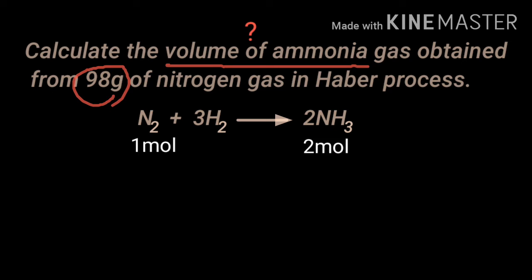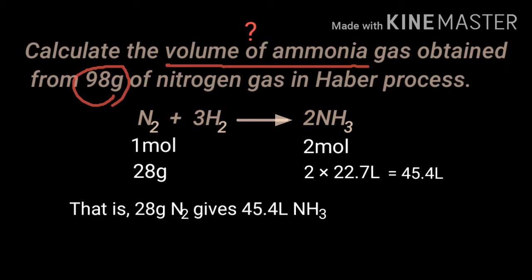The mass of nitrogen corresponding to 1 mole of it is 28 gram and the volume of 2 moles of ammonia is 2 into 22.7 liter, that is equal to 45.4 liter at STP. That is, 28 gram nitrogen gives 45.4 liter of ammonia.